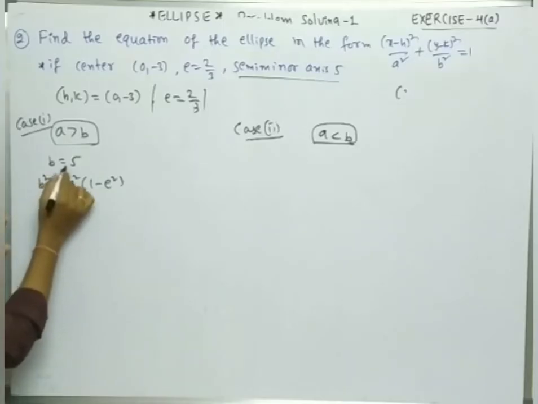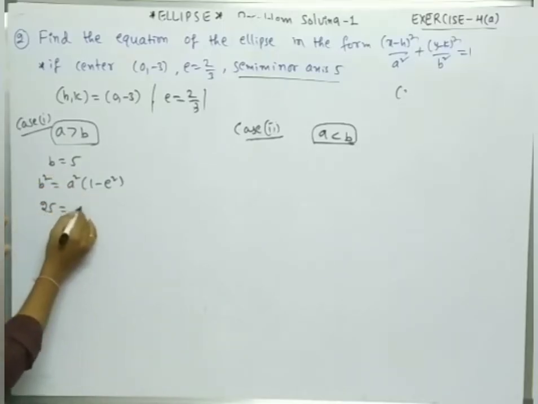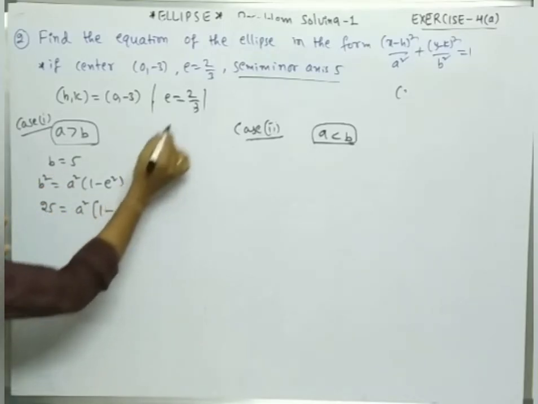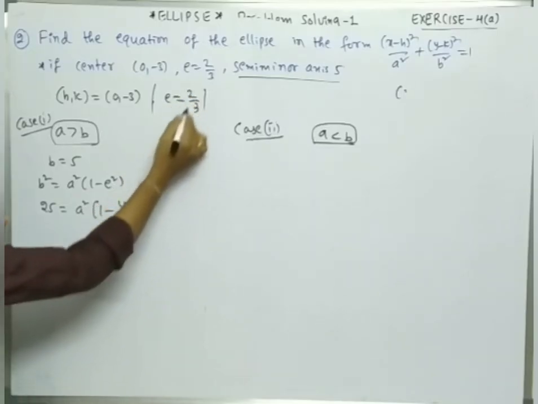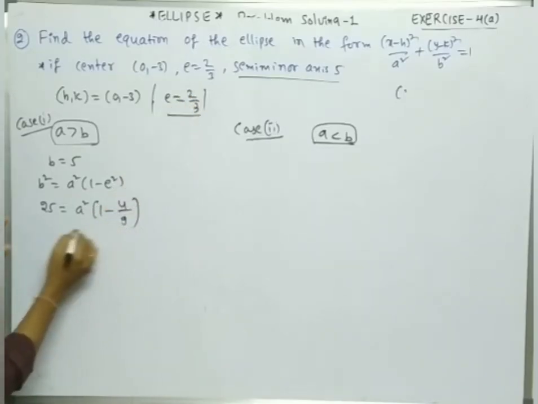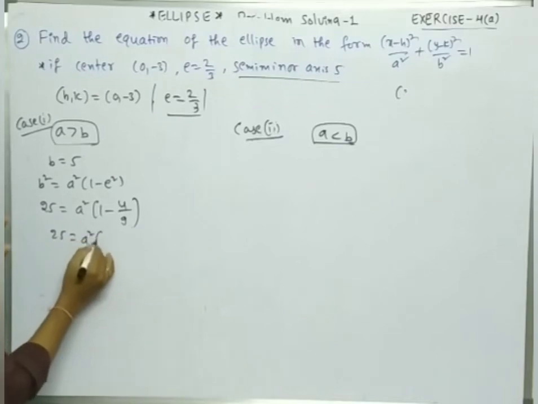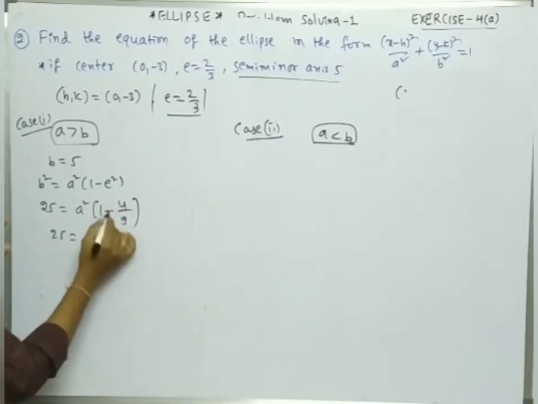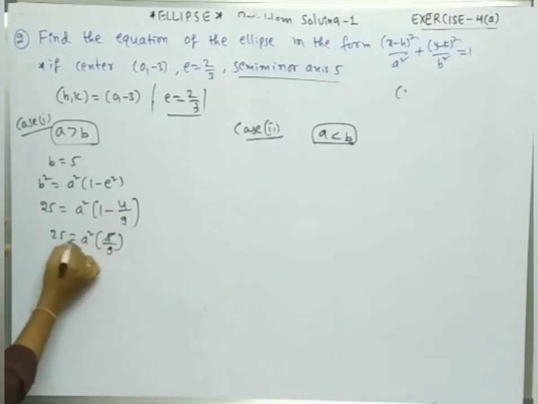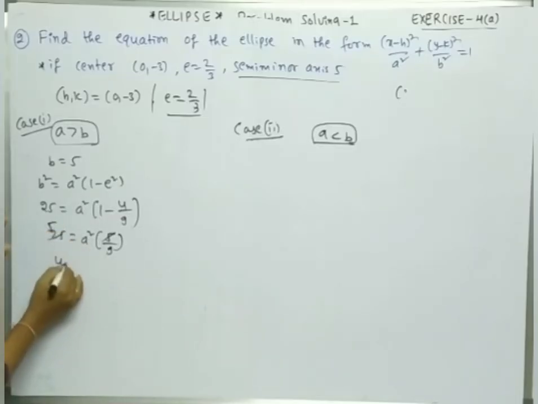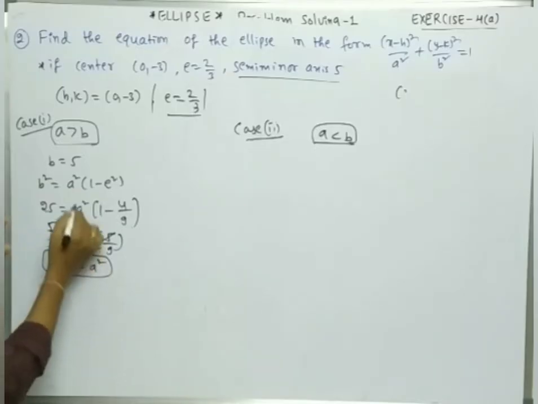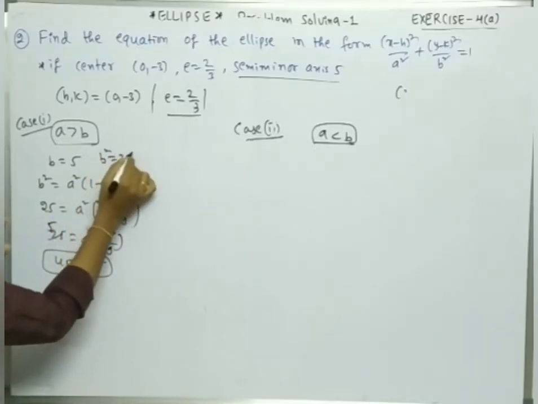So b square, 5 square 25, a square into 1 minus e square, eccentricity given 2 by 3. So 25 is equal to a square into 9 minus 4, 5 by 9. 5 9s are 45 is equal to a square. So a square is equal to 45, then b square is equal to 25.